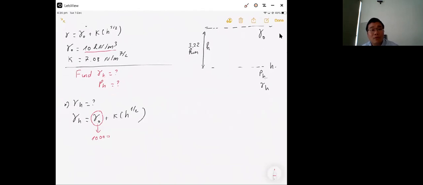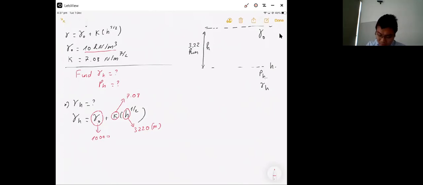K you have is 7.08 Newton per meter power 7 divided by 2. And S is 3.22 kilometer, which is 3220 meter. You have to convert to SI unit.